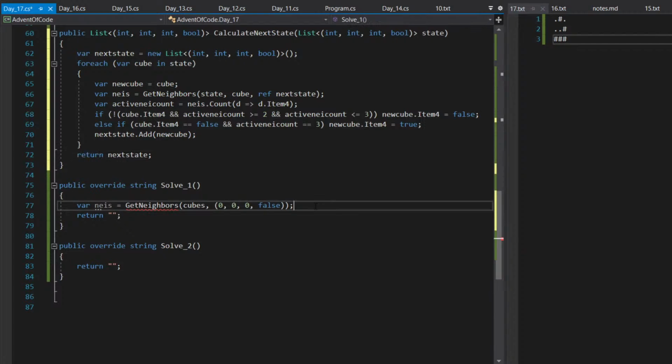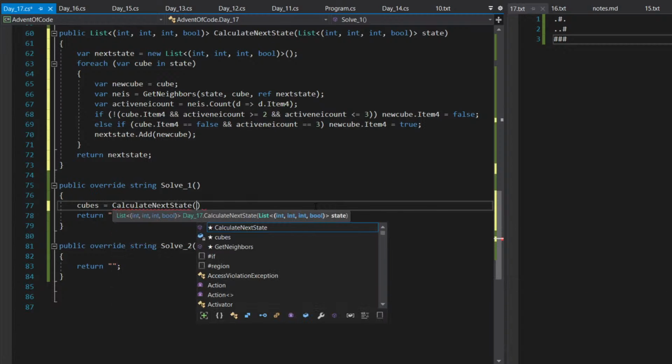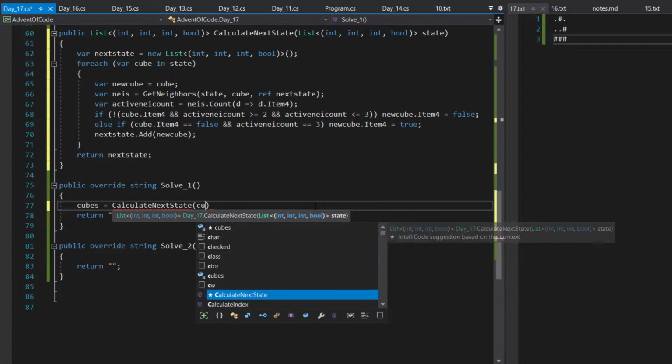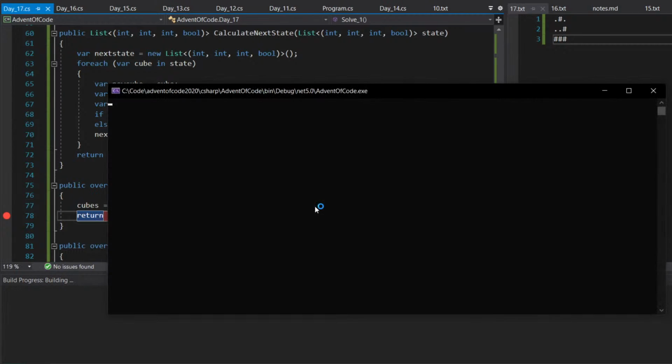Ooh, that's complicated. So we'll run it once and see what we get.